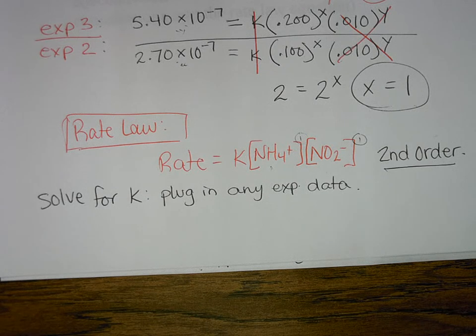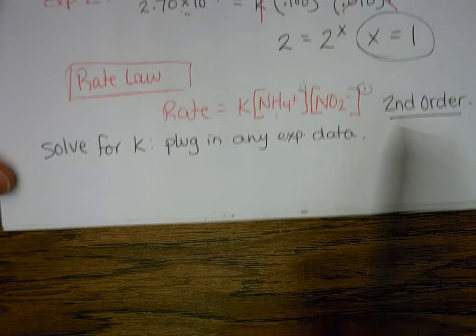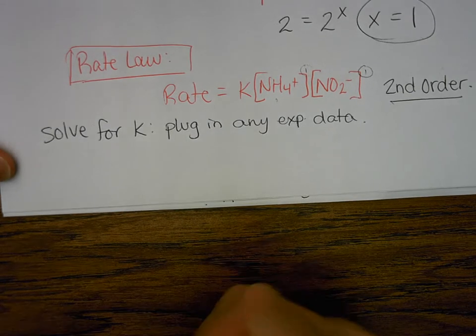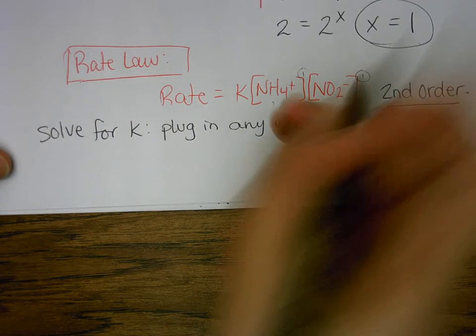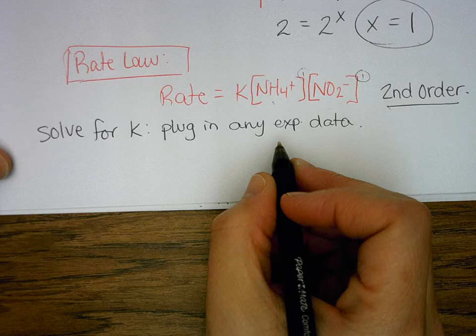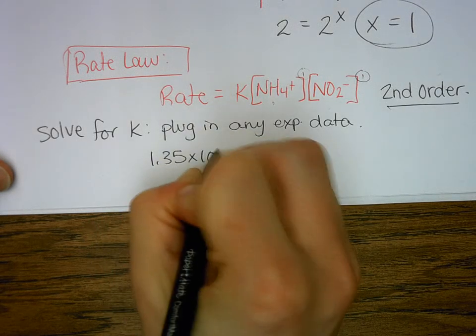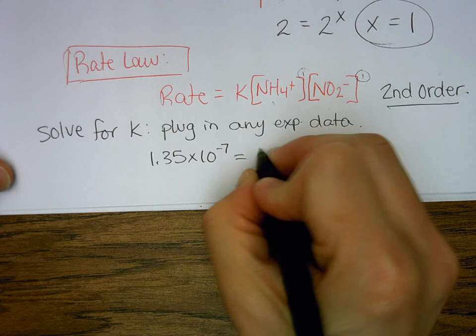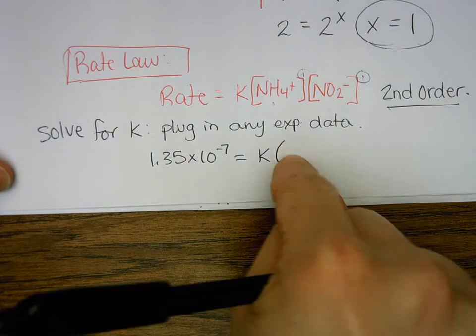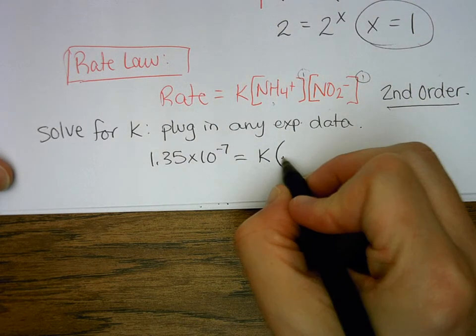So if I take my data from number 1 and plug it into the rate law equation, the rate in experiment 1 is 1.35 times 10 to the negative 7. That equals K. The concentration of NH4 is 0.100, that's to the first power.